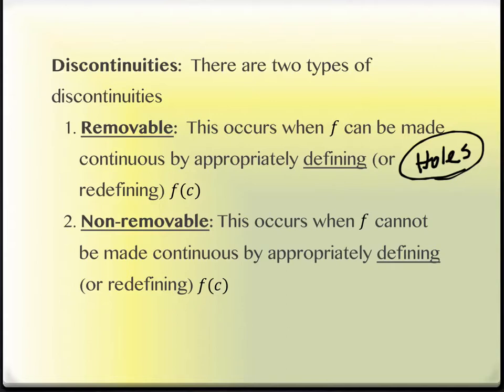The second type is called non-removable. Non-removable occurs when f cannot be made continuous by appropriately defining or redefining. And this happens when we have jumps. That was what happened on the third problem, right? A jump. Or, and I didn't show you an example of this, but we've seen one before, an asymptote.